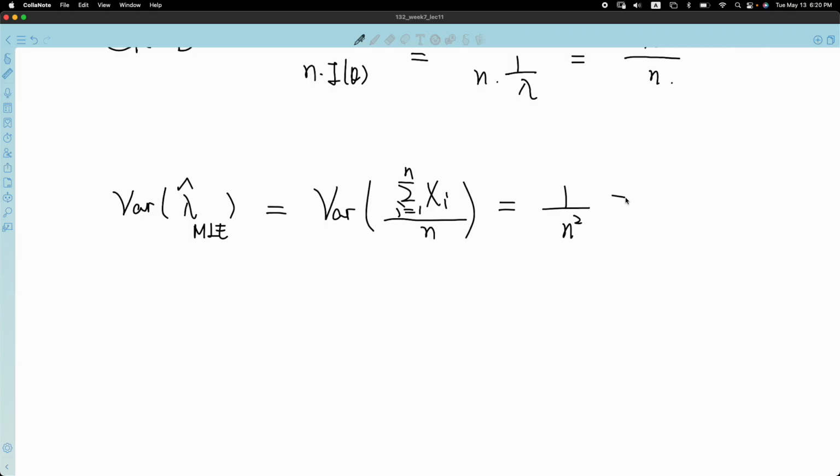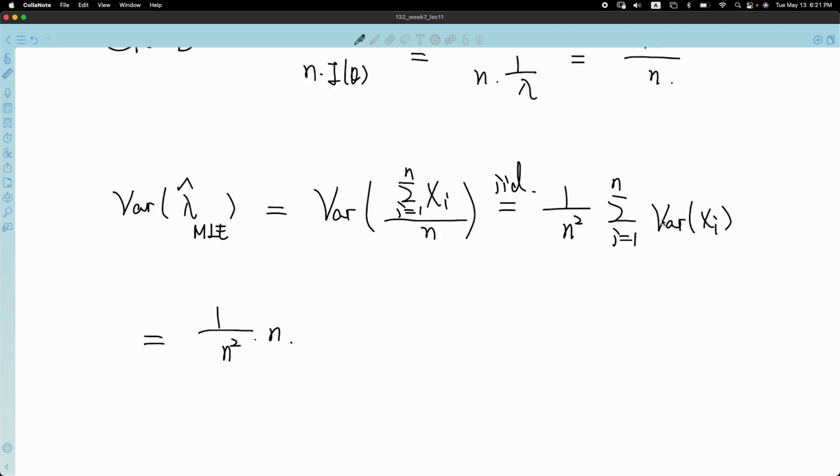They are independent, so you have the summation outside, and then you have the variance of Xi. Everything here is coming from the IID assumption. So 1 over n squared. They are identically distributed, so you have a sum of n terms, which is another n coming out, and each of them has the same variance of Xi.